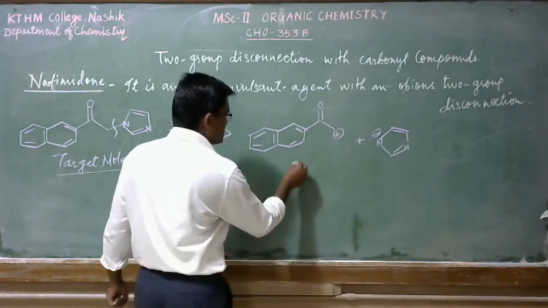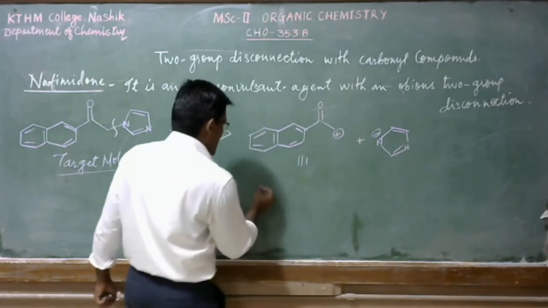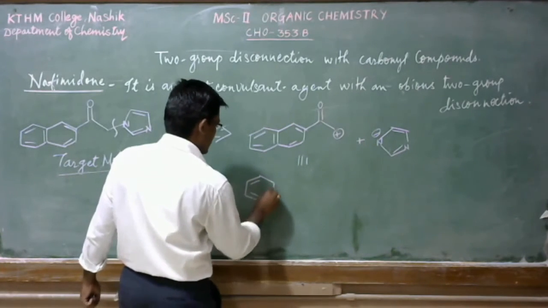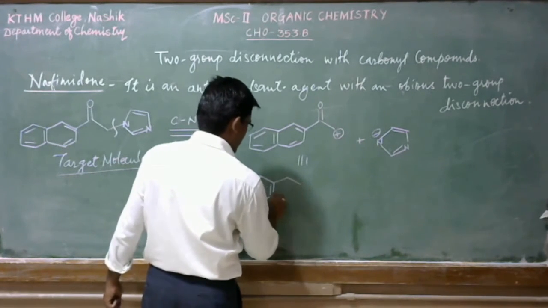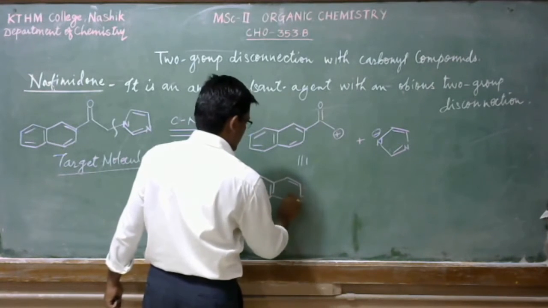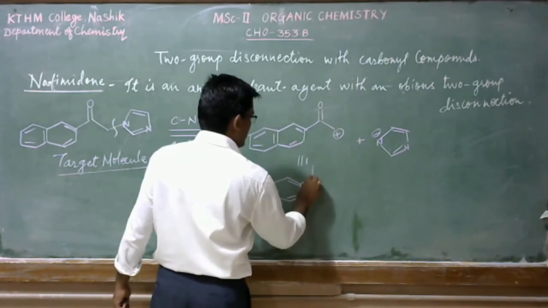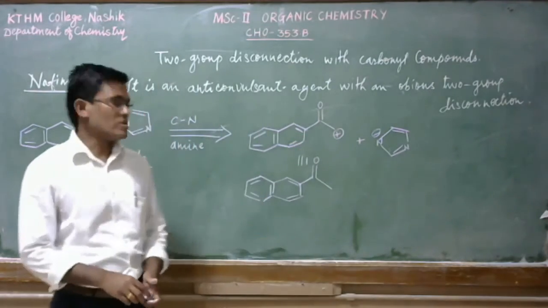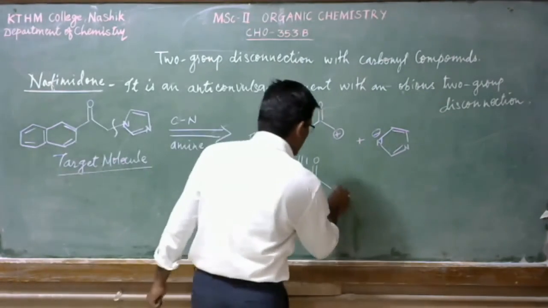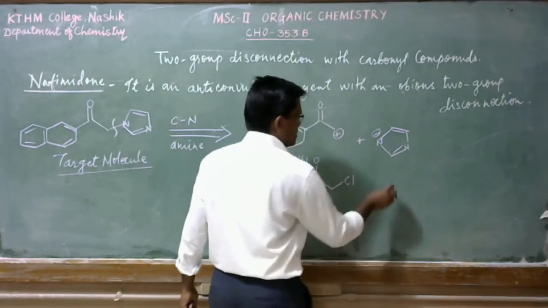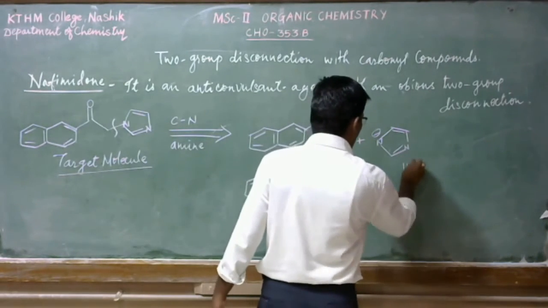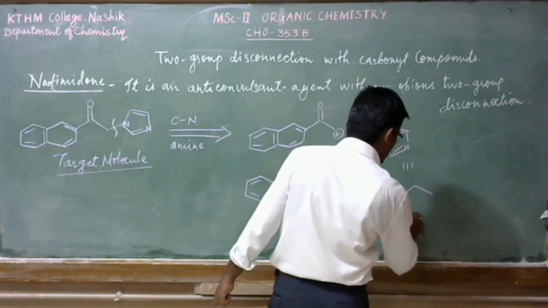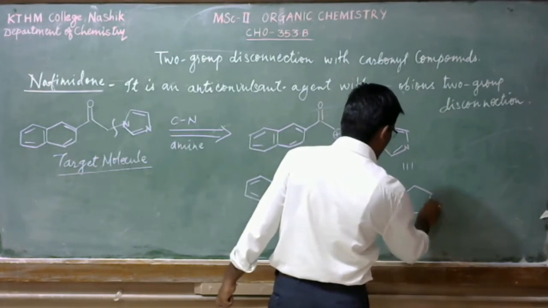So this can be translated to, since this synthon is having a positive charge, so we can add chlorine over here, and this can translate to a readily available imidazole.